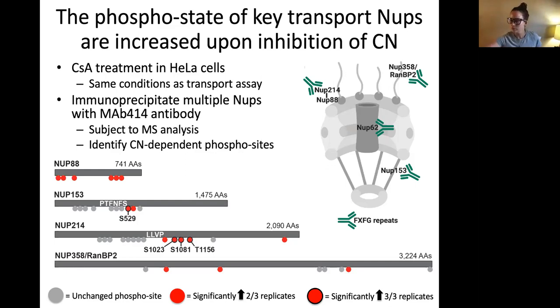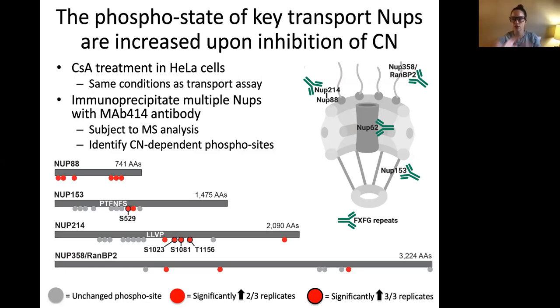And so what I'm showing you here, down below in these little lollipop diagrams, is that multiple phosphosites on these nucleoporins were calcineurin dependent. Any gray circle is an unchanged phosphosite, and then the red circles, with either no outline or an outline, were identified as being significantly increased in phosphorylation in the calcineurin inhibitor treatment in either 2 or 3 out of 3 replicates.